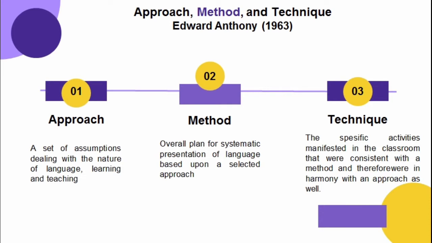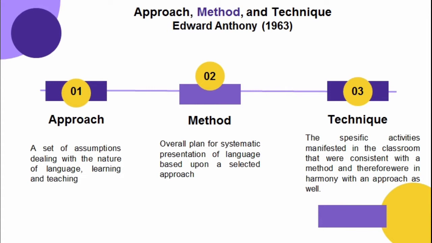Before we go further, we need to know some definitions of approach, method, and technique from Edward Anthony, 1963. An approach is a set of assumptions dealing with the nature of language, learning, and teaching. A method is an overall plan for systematic presentation of language based upon a selected approach.